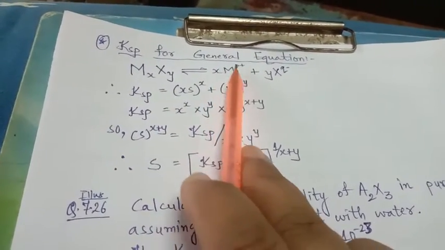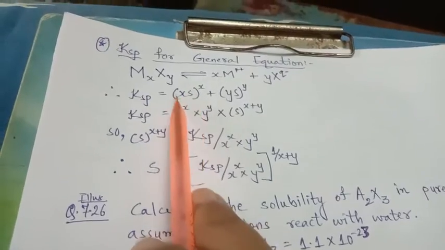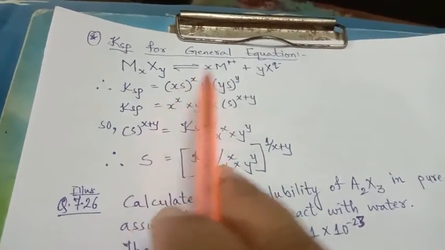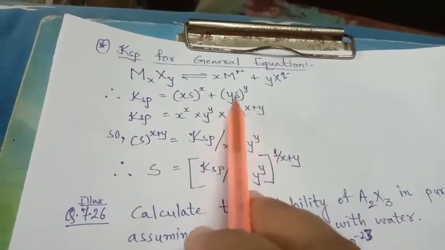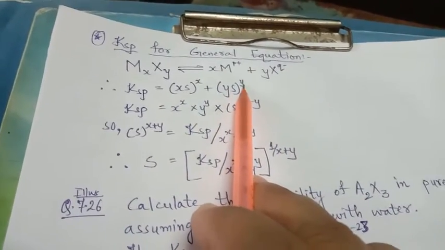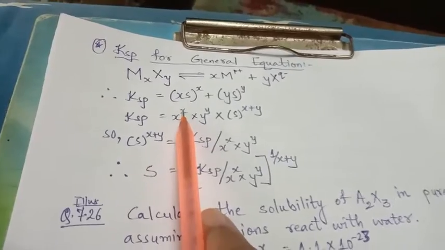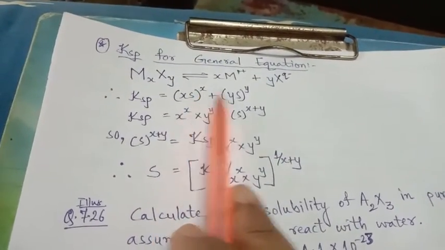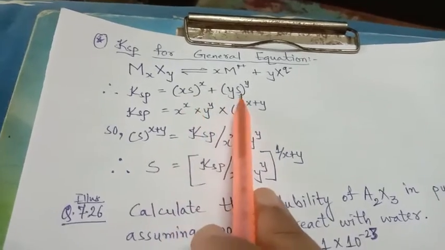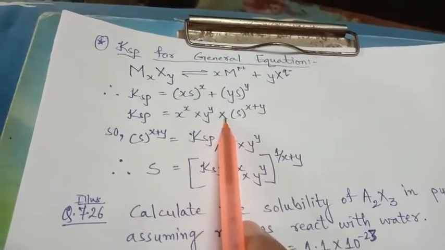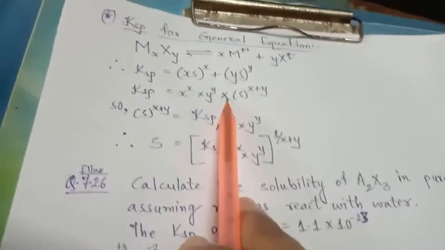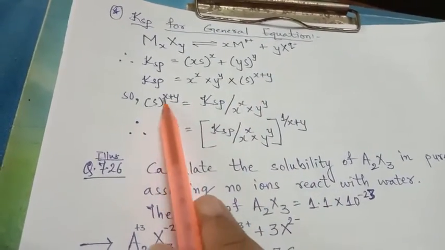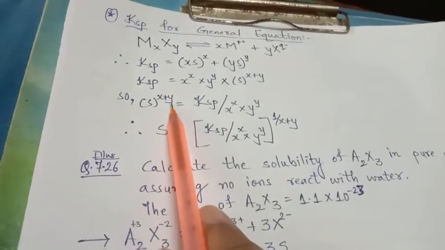x. M stands here for the mole. So (xS) raised to x coefficient, (yS) raised to y coefficient. So x raised to x, y raised to y into S raised to x plus y, because both here S is similar. Clear? Now S raised to x plus y, we want mole in 1 molarity, right?